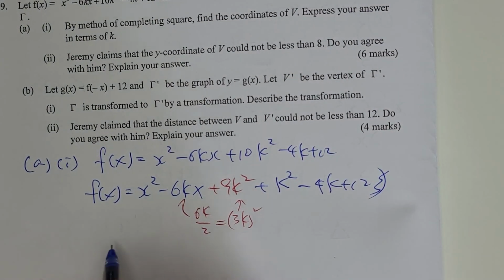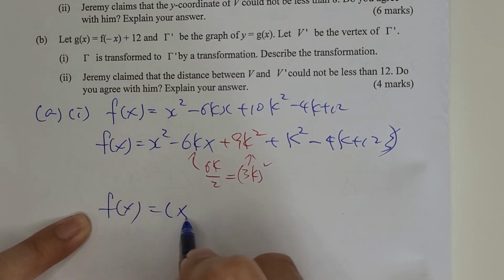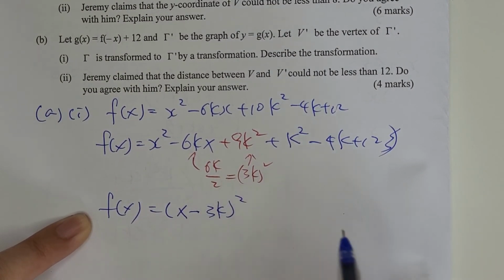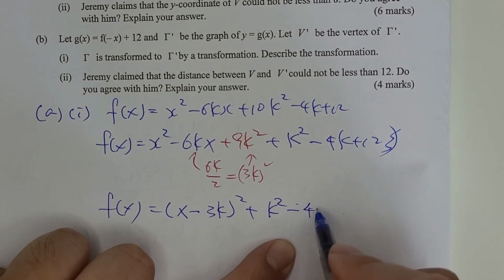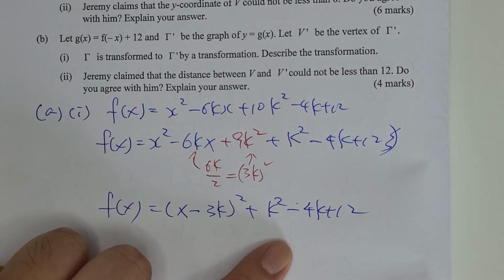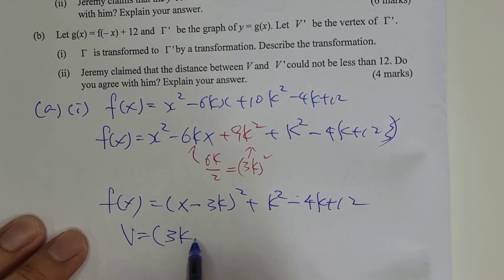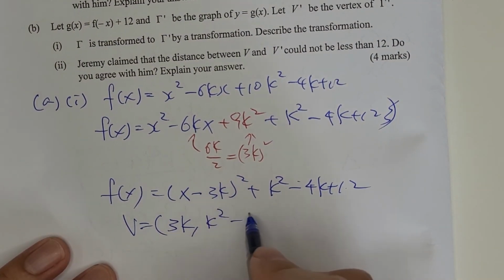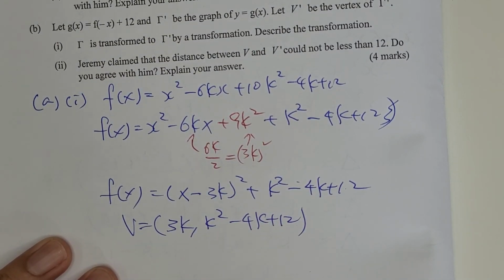Then the first 3 terms can be written as a perfect square, that is (x minus 3k) squared, and there's some constant left behind. Therefore V can be written as (3k, k squared minus 4k plus 12). That's the x coordinate of the vertex, and that's the y coordinate of the vertex of the graph.